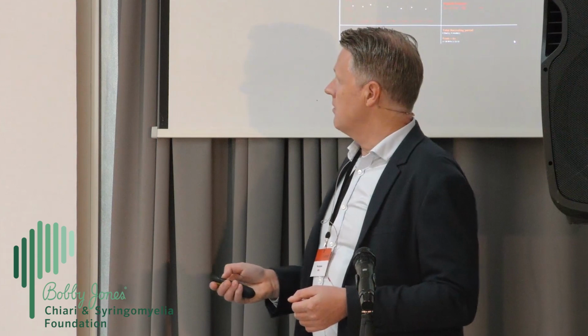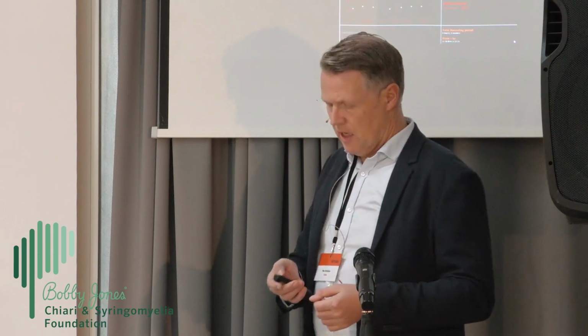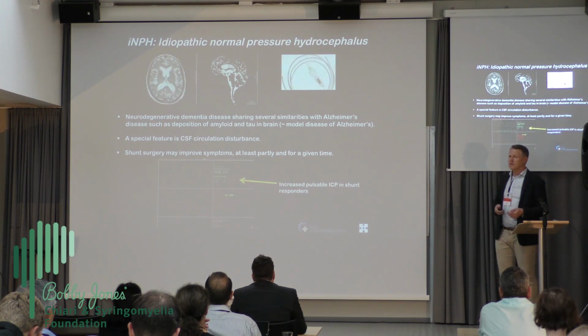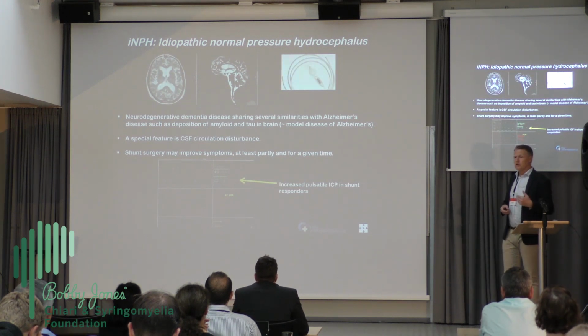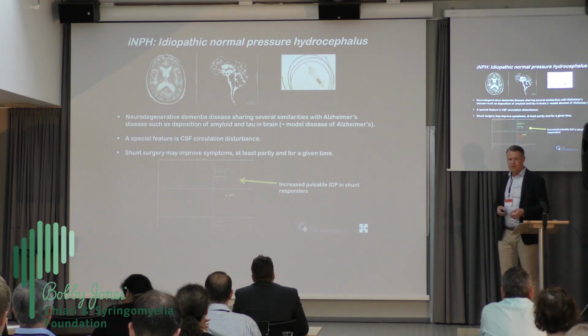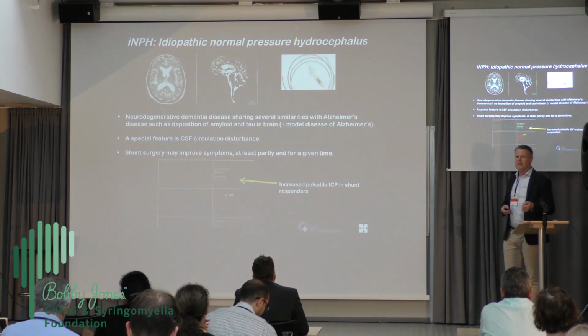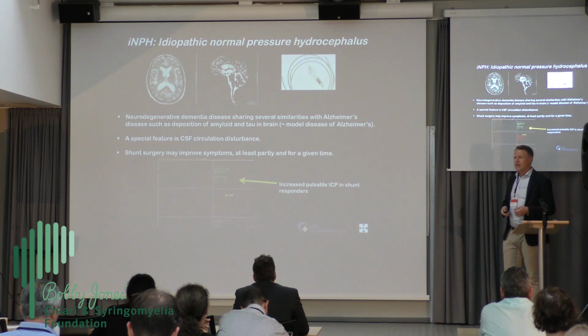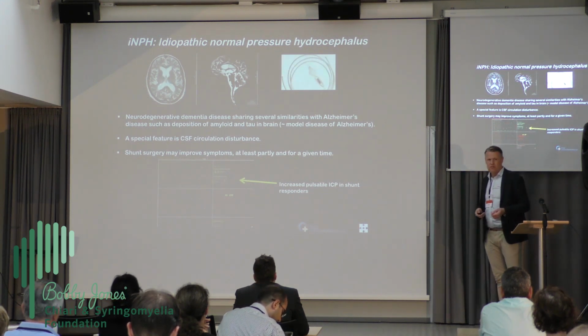And this disease is characterized by CSF circulation disturbance, and it's also characterized by abnormal pulsatile pressure within at least those patients that respond to shunt surgery. CSF diversion surgery is the only treatment in these patients, and it can improve symptoms.